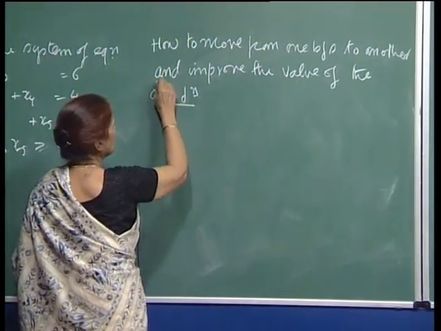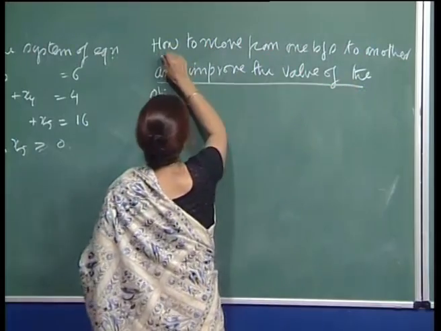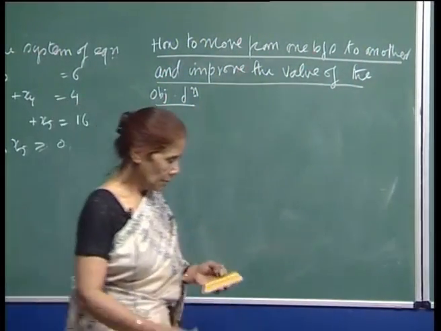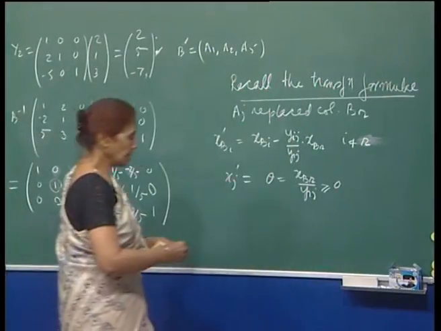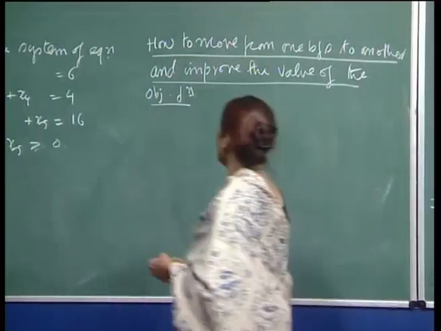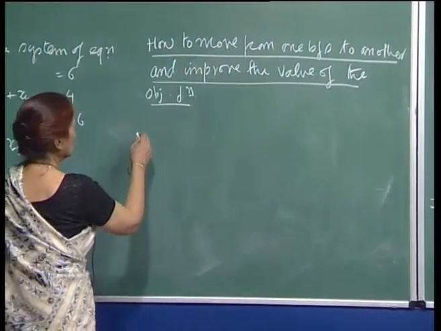Okay, because this is our ultimate aim. We want to go on improving the value till we can no further improve on it, and that gives us the optimum. Okay.